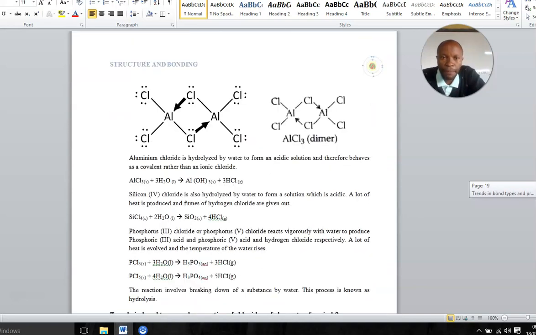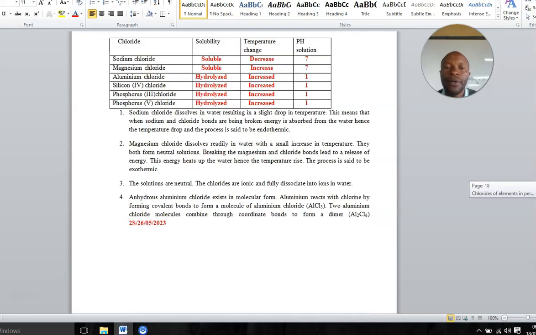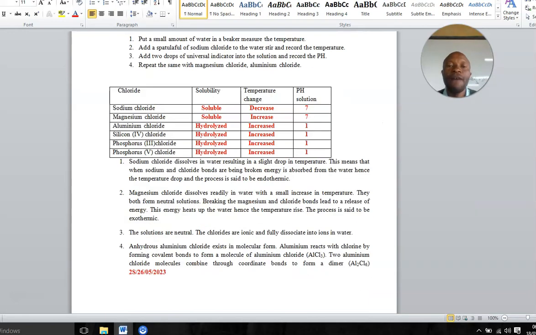So aluminium chloride undergoes hydrolysis and it breaks down; this should be 3. So aluminium chloride would just break into aluminium hydroxide, which is a precipitate, and HCl. So you're going to have fumes of hydrogen chloride gas.